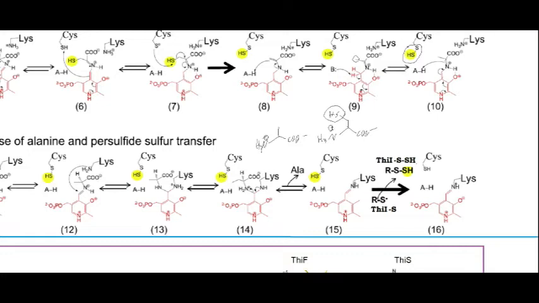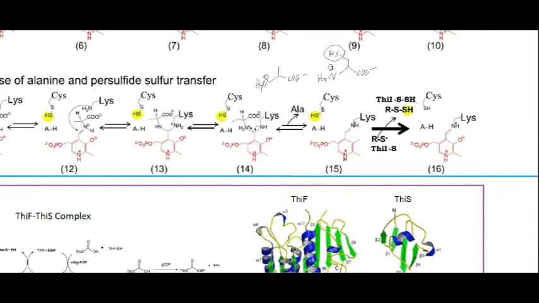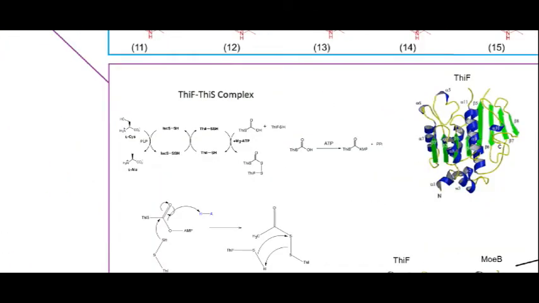And the ThiI now has that sulfur here. And so then the next step, so this here I guess is kind of a nice little diagram. So we took our cysteine, took that sulfur off of it, released alanine.